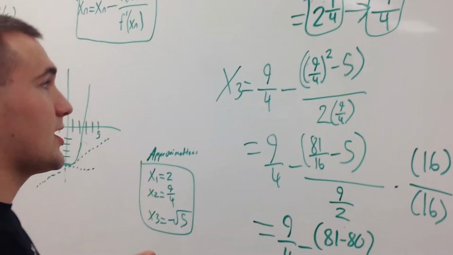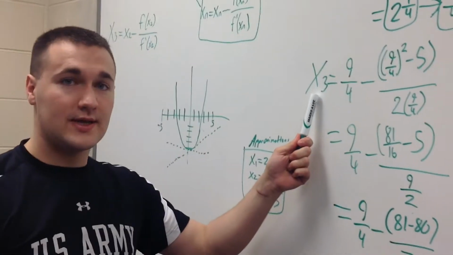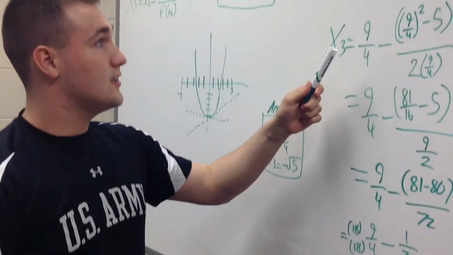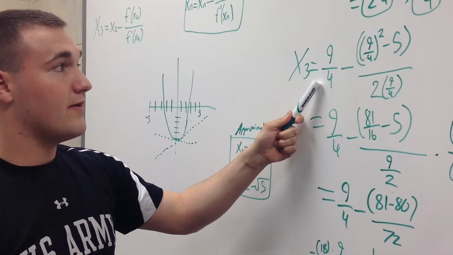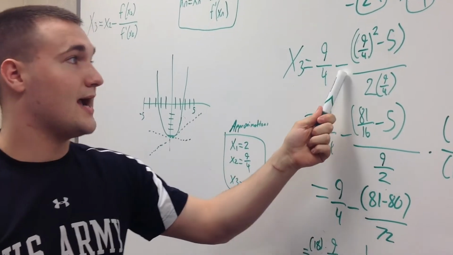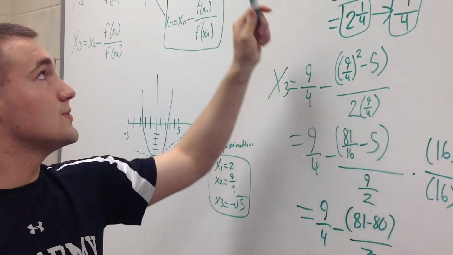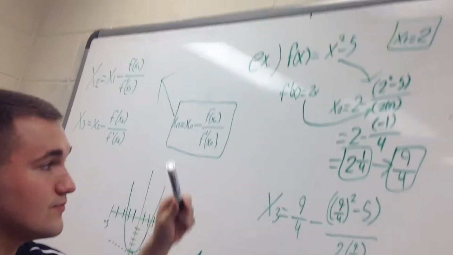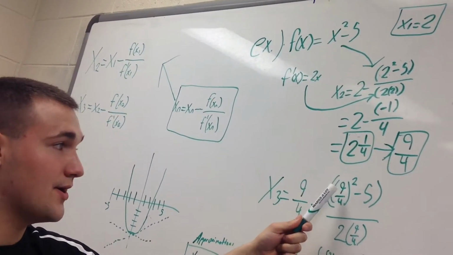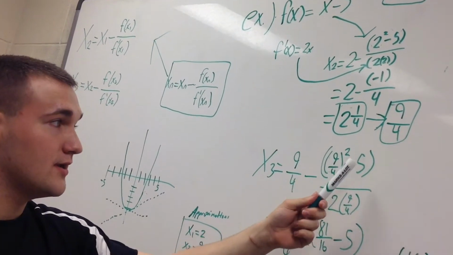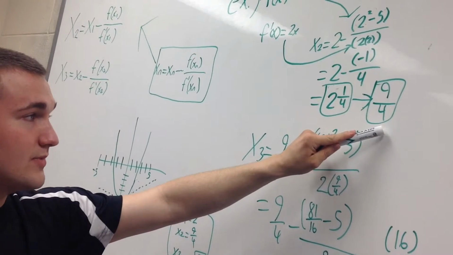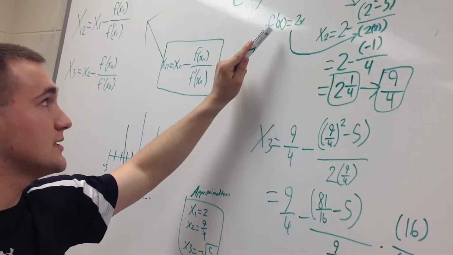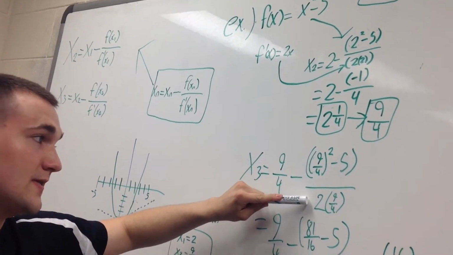Now, when you're trying to find your x3, you will take your x2, which in this case is 9 divided by 4. You will subtract, using your original equation, your x2 squared minus 5, in parentheses, divided by your x2 plugged into the derivative, which gets you that.